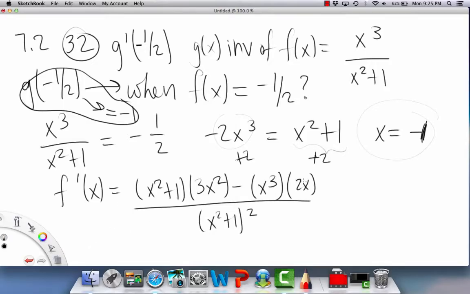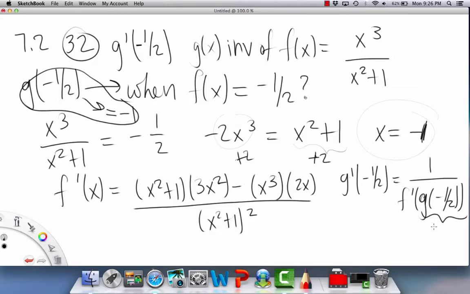Then in order for our formula to work, g prime equals 1 over f prime of g of negative 1 half. We found earlier that g of negative 1 half equals negative 1, so what we really have on the bottom is f prime of negative 1.